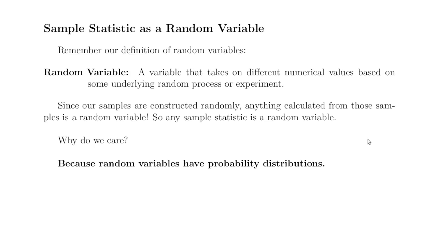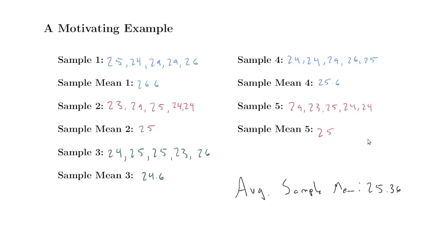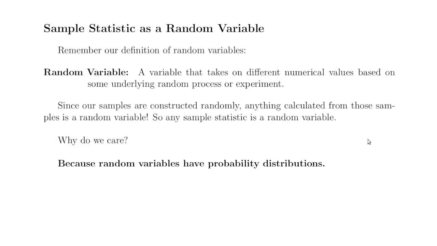So if we go back and think about all of these sample means that we built, we can put all these together and get some kind of theoretical probability distribution that they're following, that we're really selecting from. And if we have a distribution of these sample means, then we can start thinking about the overall structure of those sample means, or really any sample statistic.